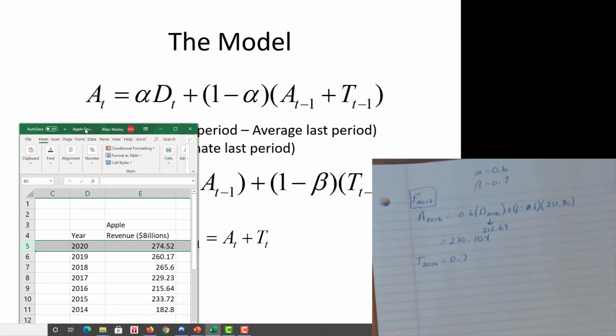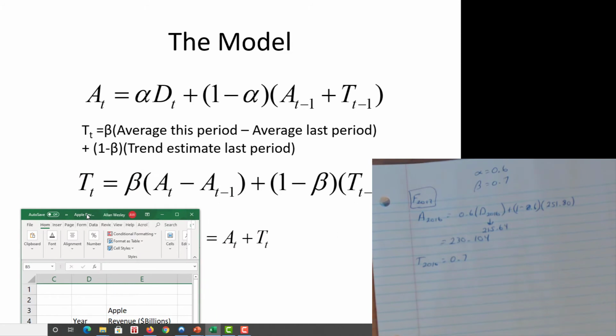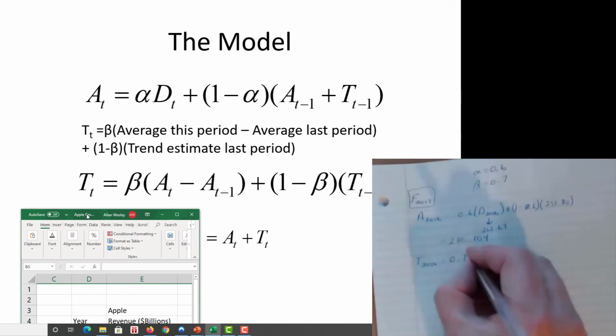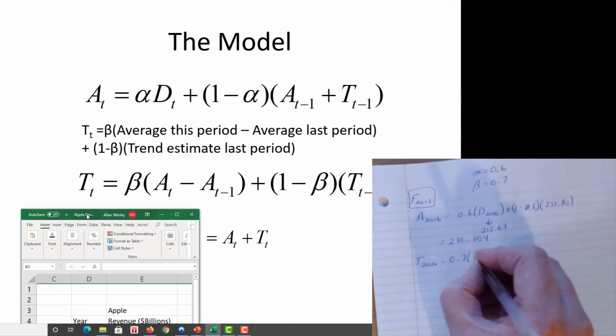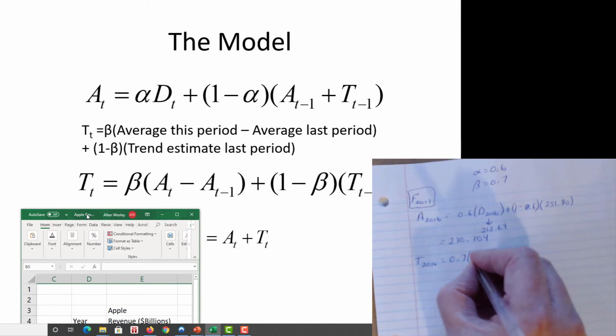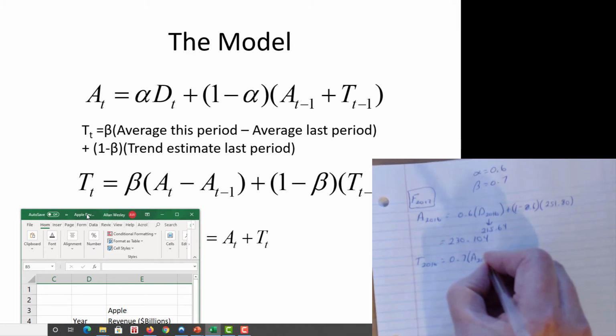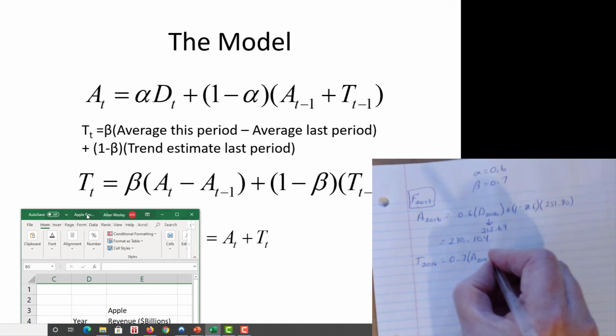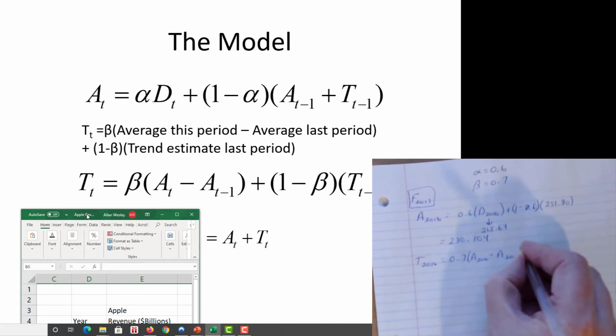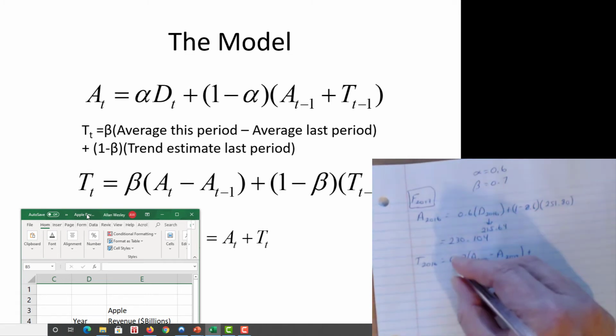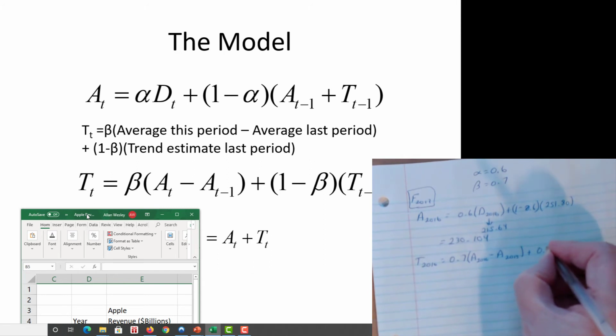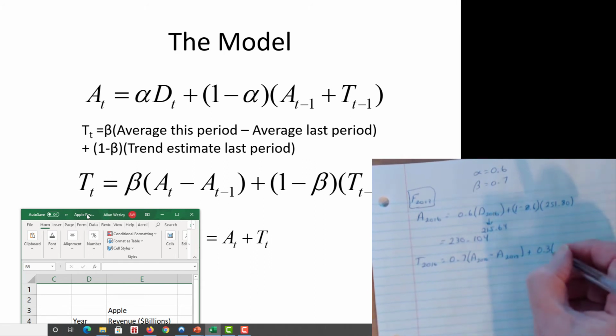The trend for that same year has a smoothing constant of 0.7. Let's show the formula here. The trend is 0.7 times the difference between A 2016 and the average of 2015, plus 1 minus 0.7, which is 0.3, times the previous trend, which was 18.08.